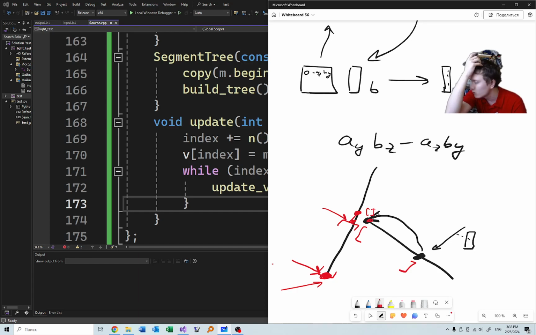Actually, lower point is always a leaf. Yeah, I think so. So we know what is stored in the leaf, so we can calculate this thing, and then we can calculate this thing. So we need a suffix query and a prefix query.